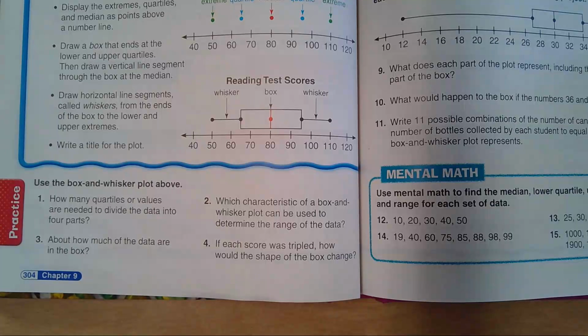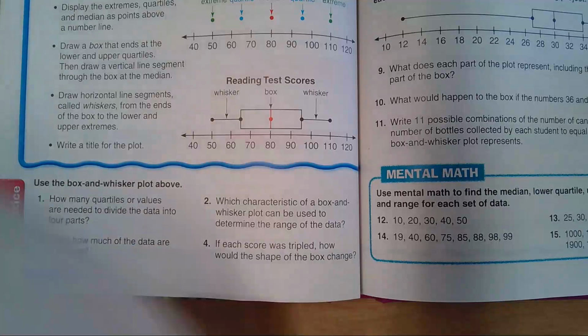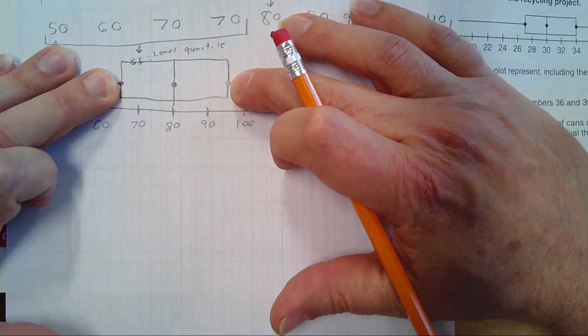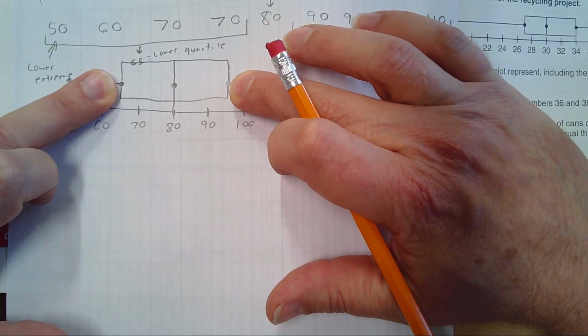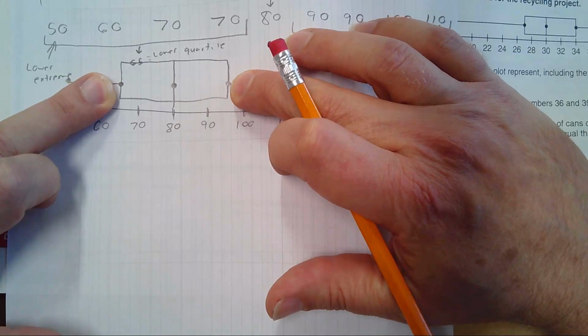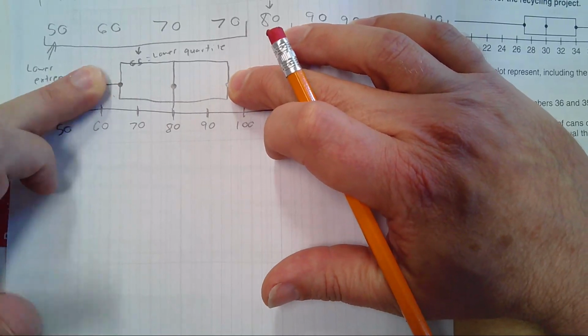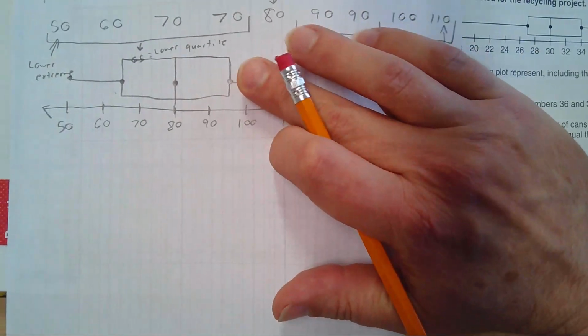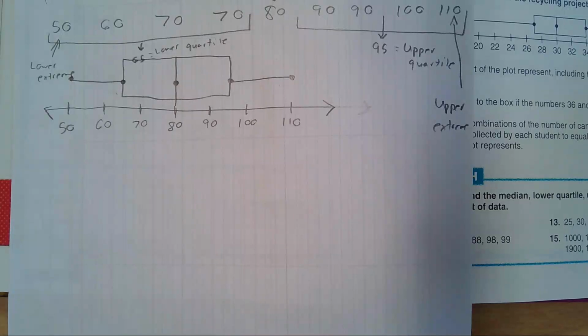About how much of the data are in the box? Again, interpreting it there, Dom. Of all the data points, how much of it is contained inside these 2 boxes? What do these numbers mean? Again, these are just numbers.